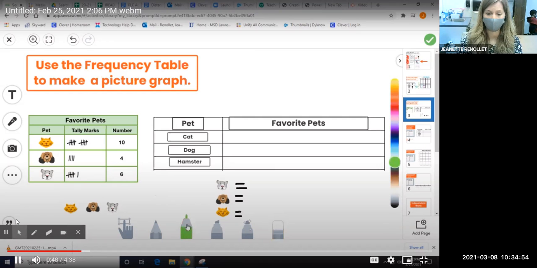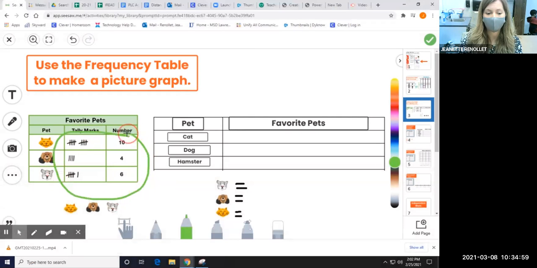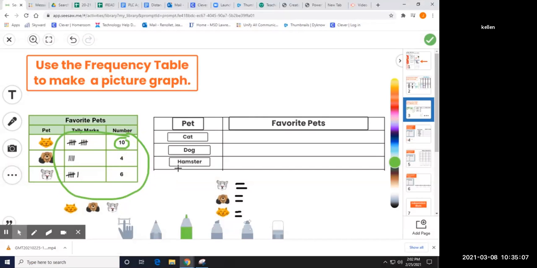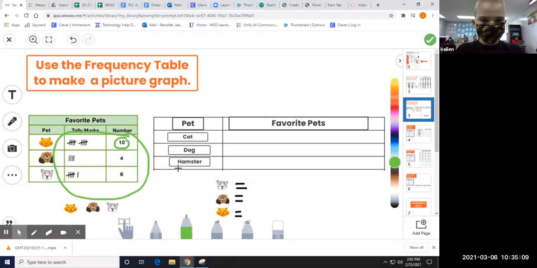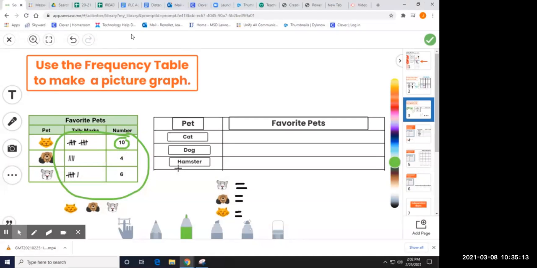Next, I need to think about the scale. I'm going to look at my data set, looking at my greatest number. I see 10 is the greatest, and I'm going to think about an appropriate scale. I don't want to count by ones, so I need to pick a scale that's different than 1.